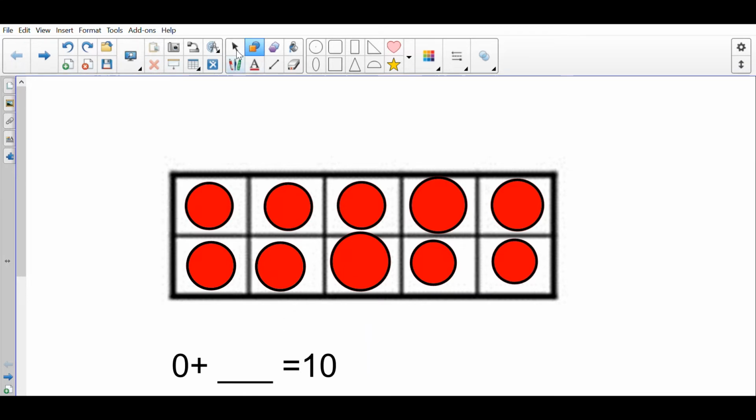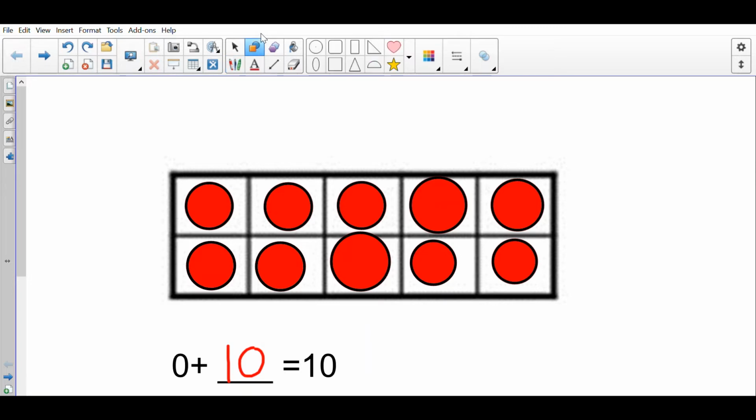So how many dots did I end up needing? 10. I needed 10. So our number sentence is going to be 0 plus 10 equals 10. Because there wasn't any, and then we needed to fill all of them up to make 10.